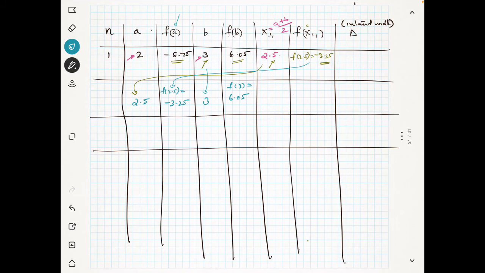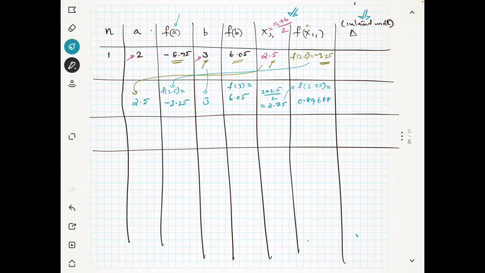We will again use the rule a plus b by 2, so we find the average of 3 plus 2.5 divided by 2. You will get 2.75. Got it? Now you can find f of 2.75, which you will get as 0.84688.